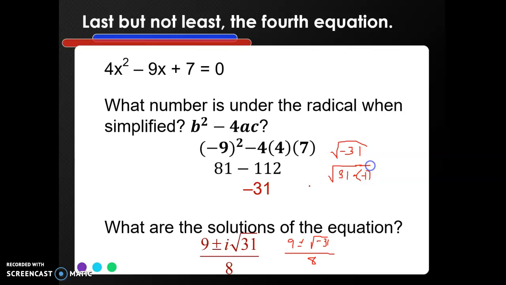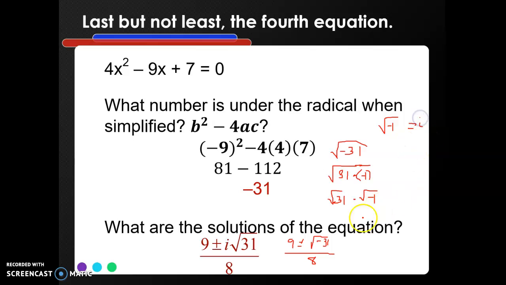Now if we separate that, we have square root of 31 times the square root of negative 1. Square root of negative 1 can be written as a representation of i. As a complex number, we can write square root of negative 1 as i.